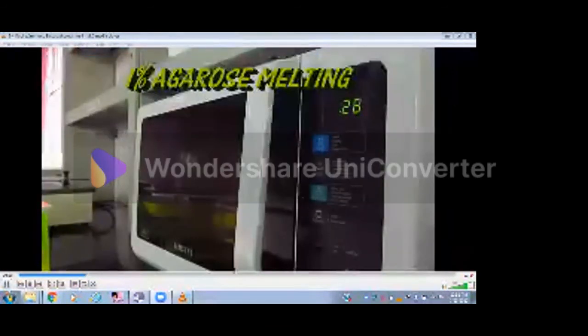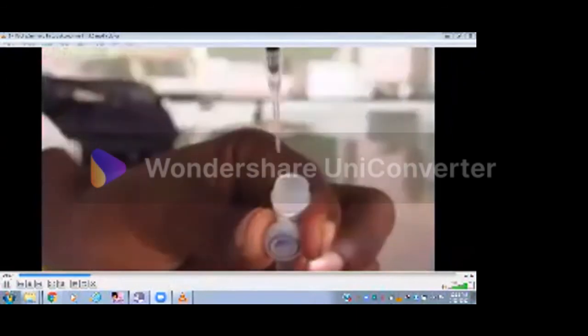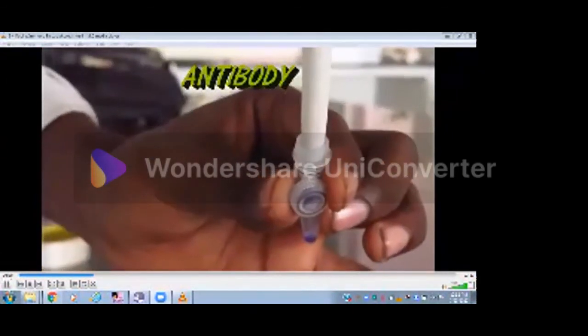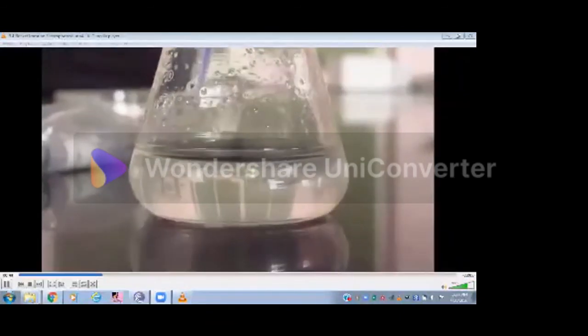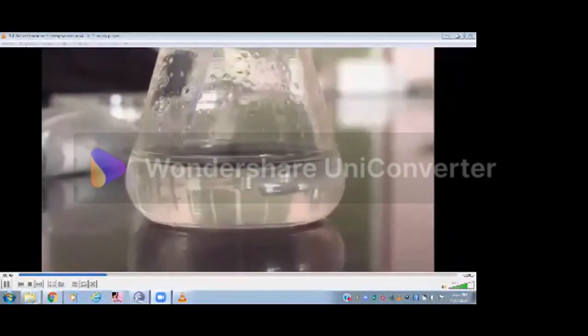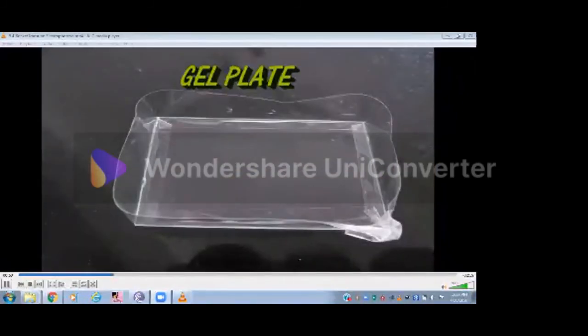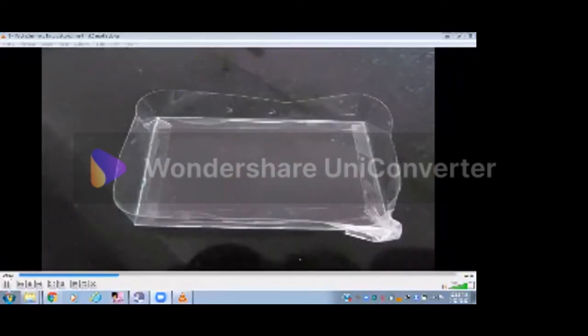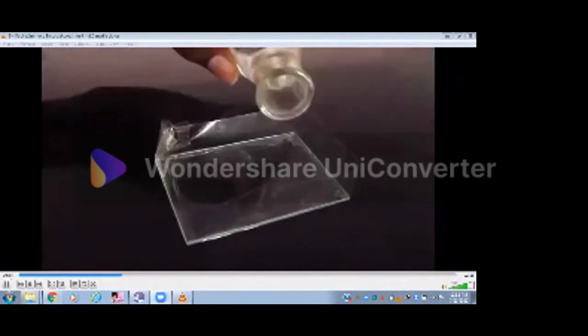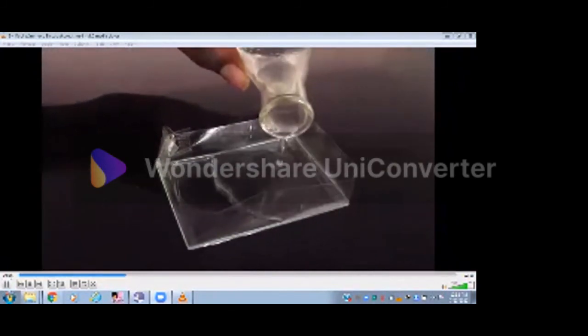Melt 1% of agarose with electrophoresis buffer. Add antibody in the gel when its temperature reduces. Wipe the gel plate with ethanol and cover the edges with tape. Pour the gel into the gel plate.